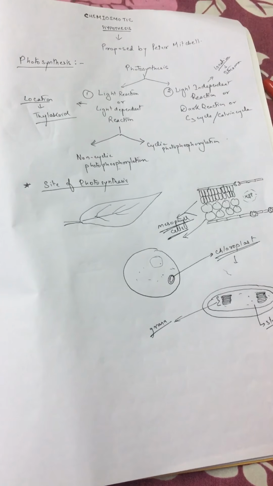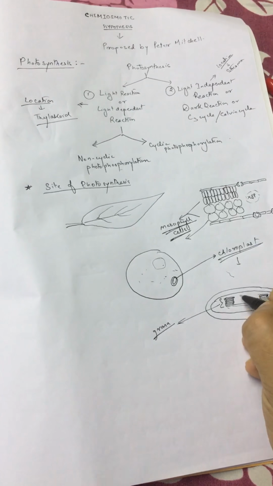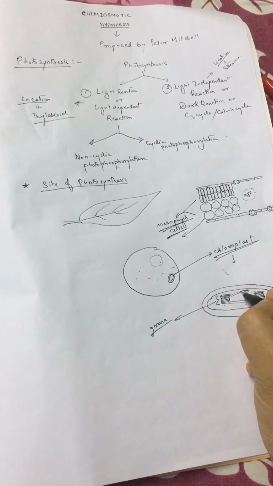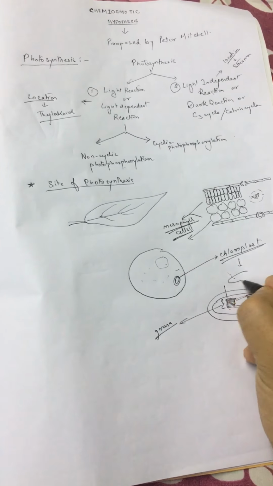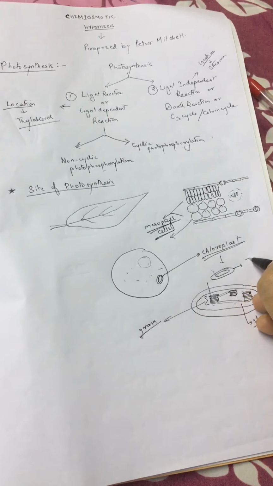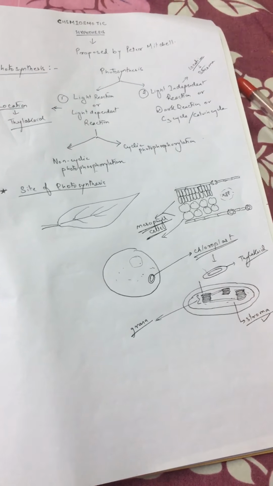Multiple grana are called granum, and all those grana will be connected by specialized structures called stroma lamellae, right? And the individual discs will be called thylakoids.